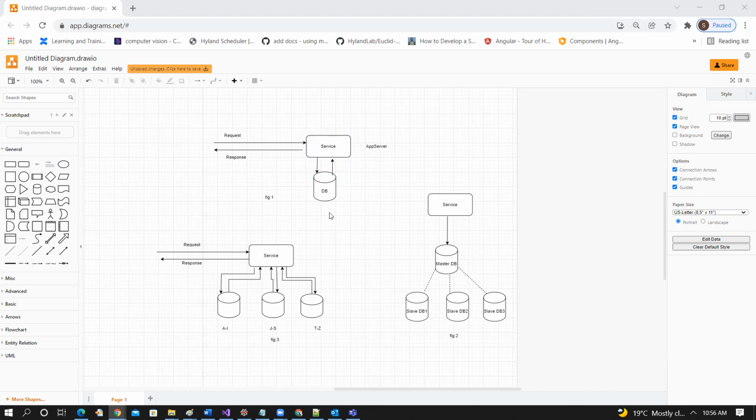Suppose 1 million requests are coming per month, then how can we scale? We need to scale both areas, the service layer and the DB layer. So what are the possible scaling options we can have? That we will see.